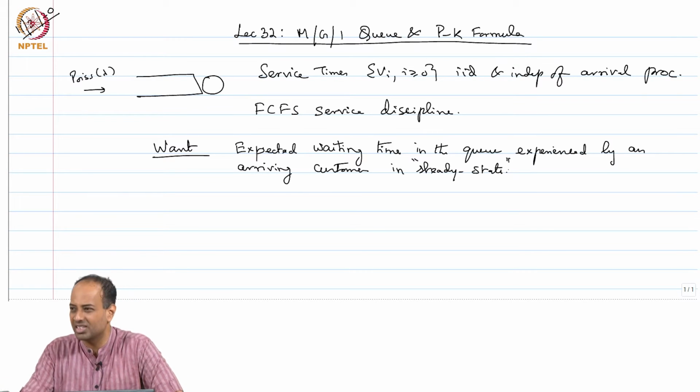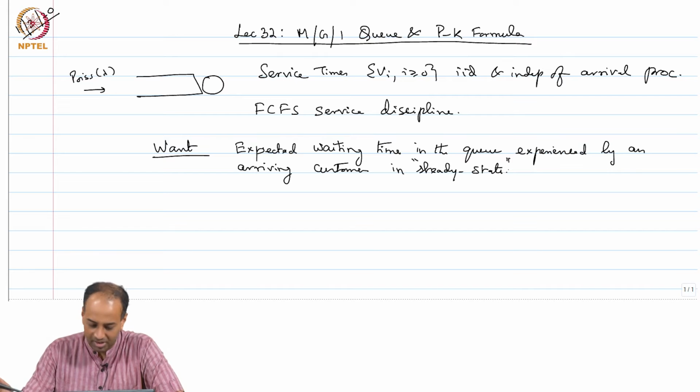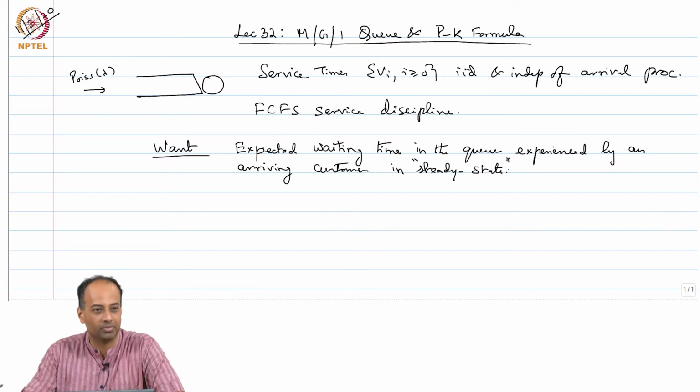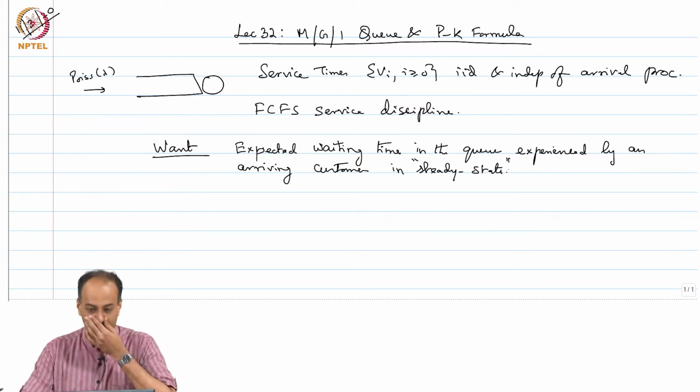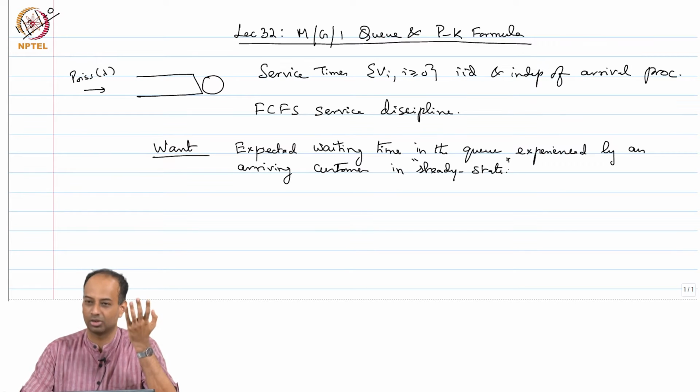What do we mean by steady state? Steady state means that the system has been running for a very long time. So, we want to calculate the expected waiting time spent in the queue by an arriving customer as t grows large.